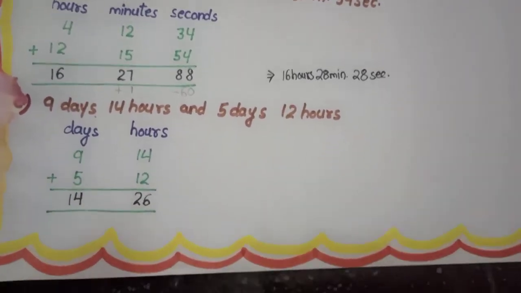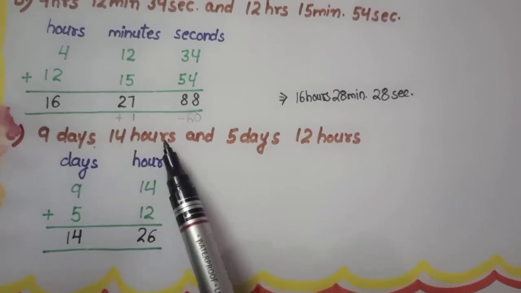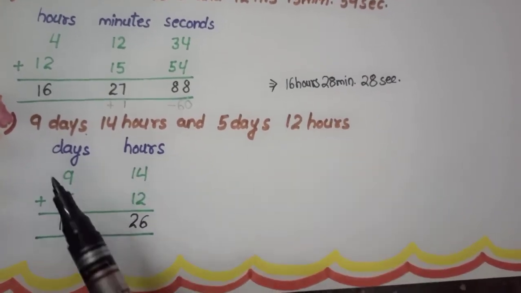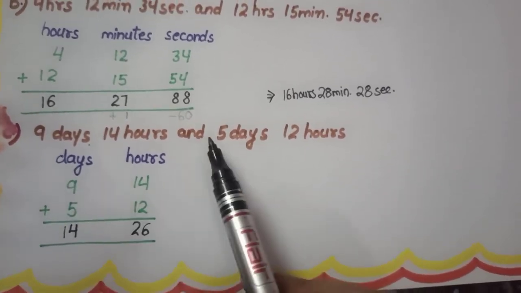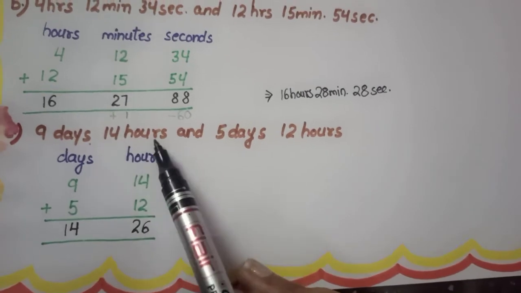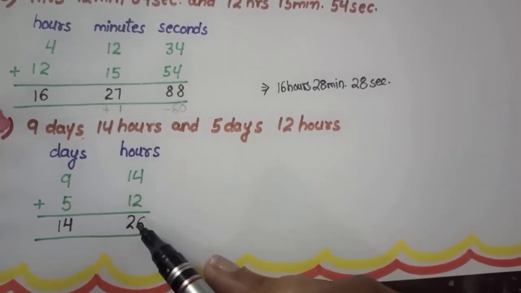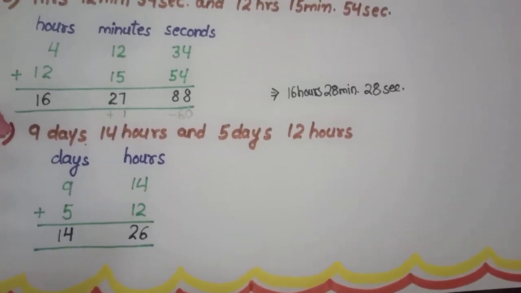Now let us move on to C part, and the question says 9 days 14 hours and 5 days 12 hours. First of all, let us arrange them accordingly. 9 days and 5 days, 14 hours and 12 hours. So 4 plus 2 is 6, 1 plus 1 is 2, and 9 plus 5 is 14.